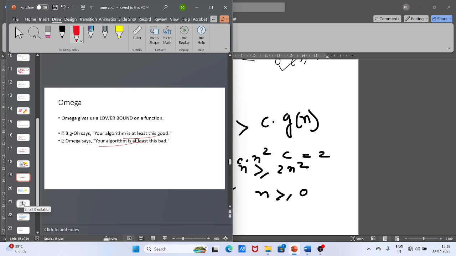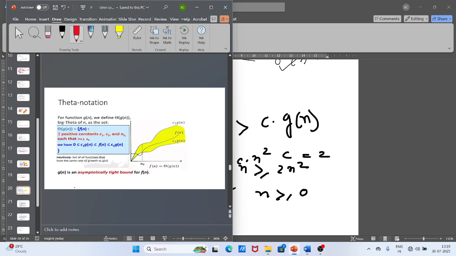Next come to the theta notation. See this picture. Theta is used in the average case. Theta gives us a tight bound. It means the function always grows at that rate in the best, worst and average case.